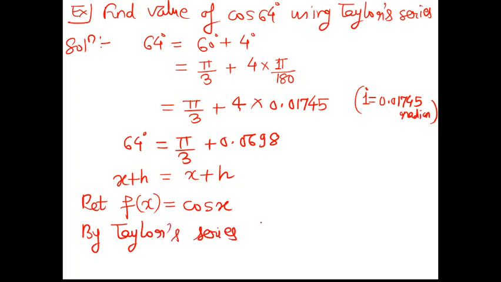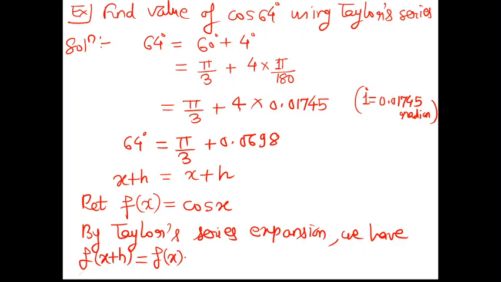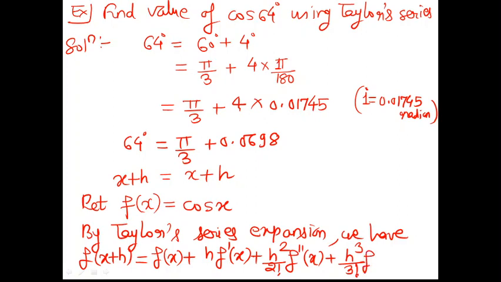so which formula we will use here? So here we will use the formula number A. So by Taylor series expansion, we have f of x plus h is equal to f of x plus h f dash of x plus h square by 2 factorial f double dash of x plus h cube by 3 factorial f triple dash of x and so on.